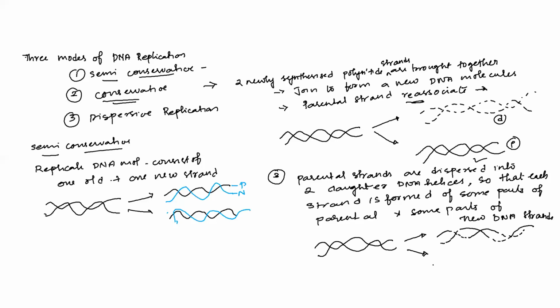It should be like this. Parental strand, then the daughter strand. Parental strand, the daughter strand. It will be actually dispersed in here. It will be like this. So this is how the dispersive method of DNA replication looks.